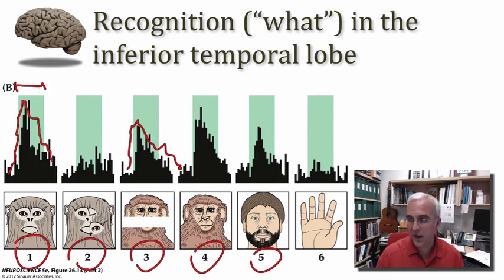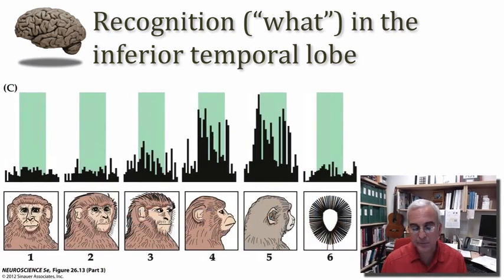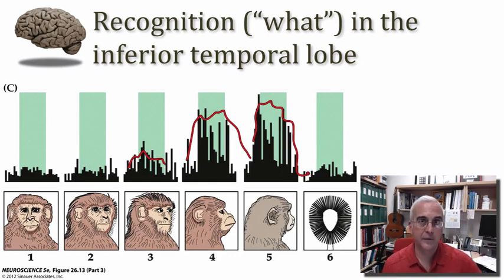One experiment that has shed significant light on the way information is coded here has been to vary the view of the face from a full frontal view to a full profile view. And what was discovered is that there are indeed neurons that seem to be selective for particular views of the face. So, for example, in this figure from your book, we find recordings from a neuron that seems to prefer these profile views here in trials 4 and 5 compared to the full frontal view in trial number 1.